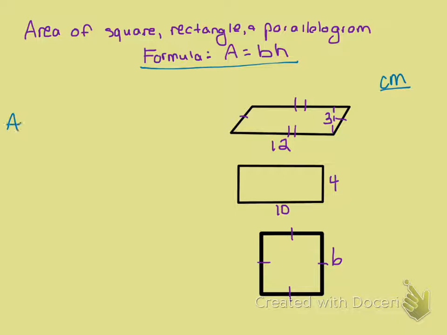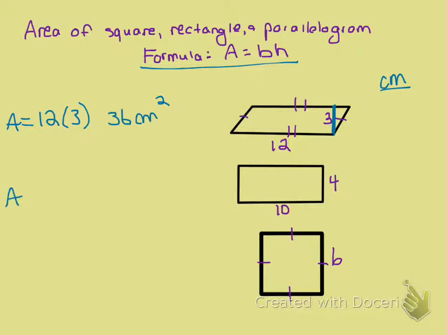So area equals, for the parallelogram, our height is actually the straight up and down height, not the slant height. Okay, we can't use the slant height. So area equals base, which is 12, times height, which is 3. So that gives me 36 centimeters squared.